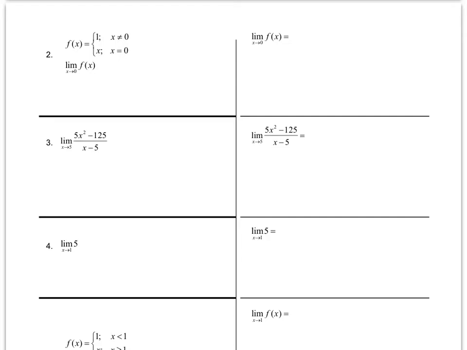We want to take a look at the proper domain. So if I'm asking for the limit as x approaches 0, I don't care about 0 itself. I care about everywhere else. So you are going to pay attention to the top function. In this case, our argument would be 1, because that's for everywhere that x doesn't equal 0.